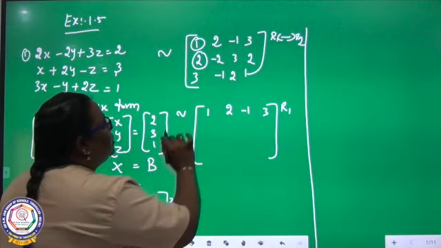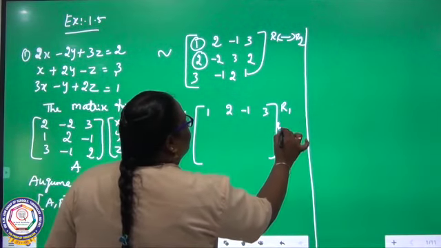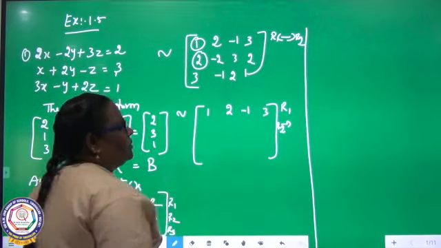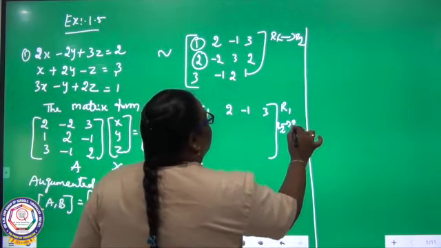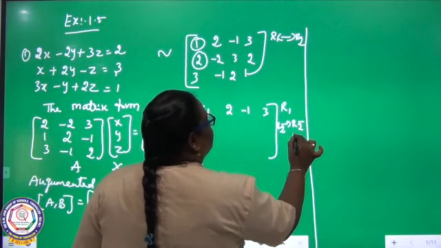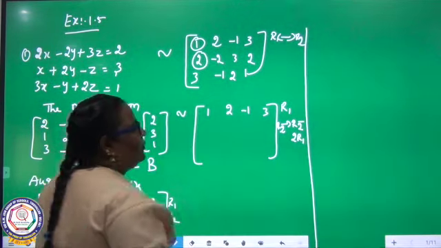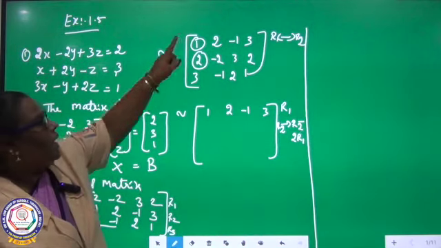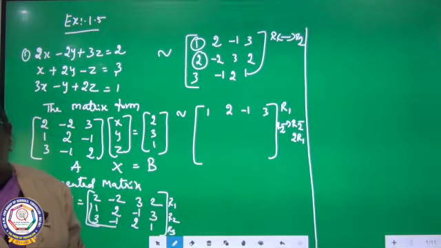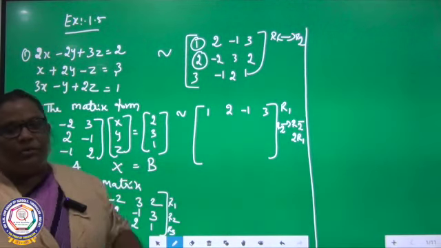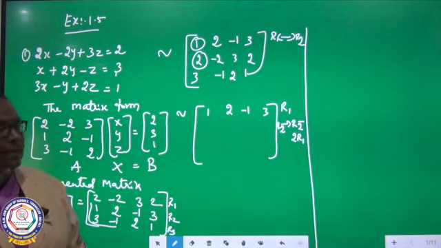So R2 gives R2 minus 2R1. 1 into minus 2 gives minus 2, so 2 minus 2 cancels and it becomes 0.